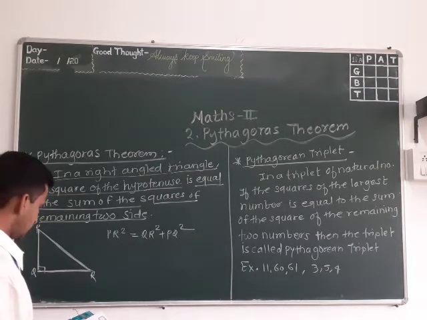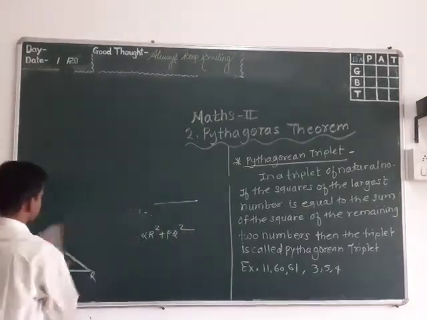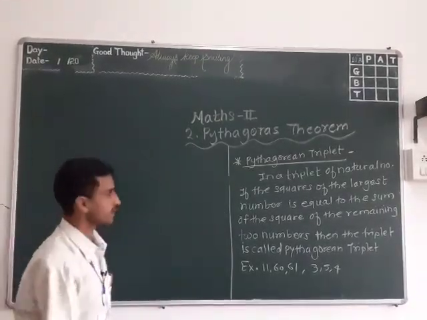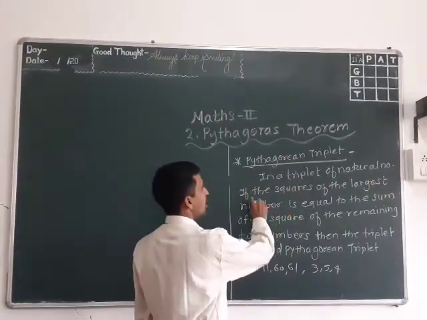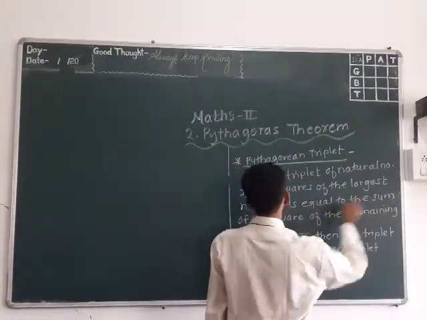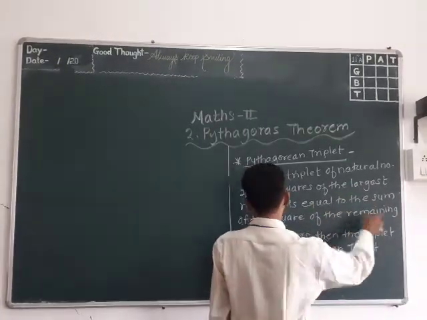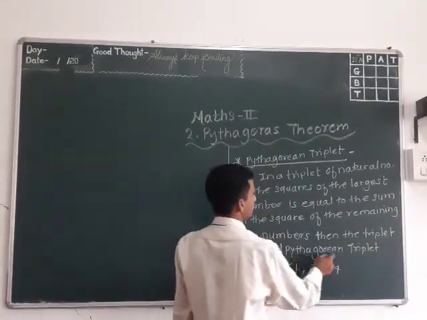The example, verify. Pythagoras triplet: in a triplet of natural numbers, if the square of the largest number is equal to the sum of the squares of the remaining two numbers, then the triplet is called a Pythagorean triplet.